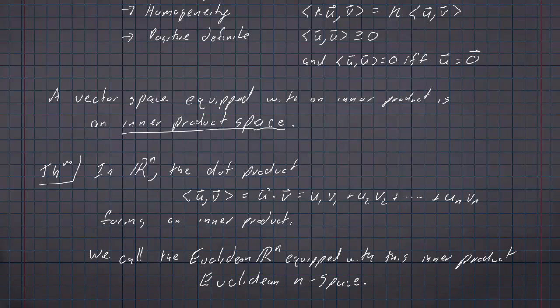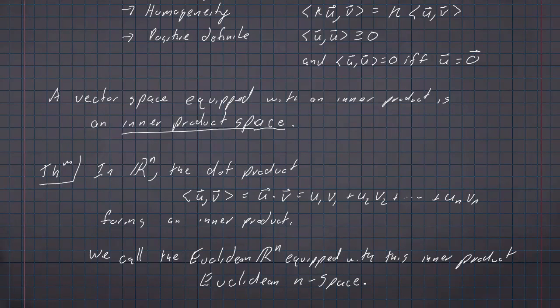So the dot product forms an inner product. It satisfies these properties. And when you equip Rn with the usual meanings of vector addition and scalar multiplication, along with the inner product in the form of the dot product, you get an inner product space called the Euclidean n-space.